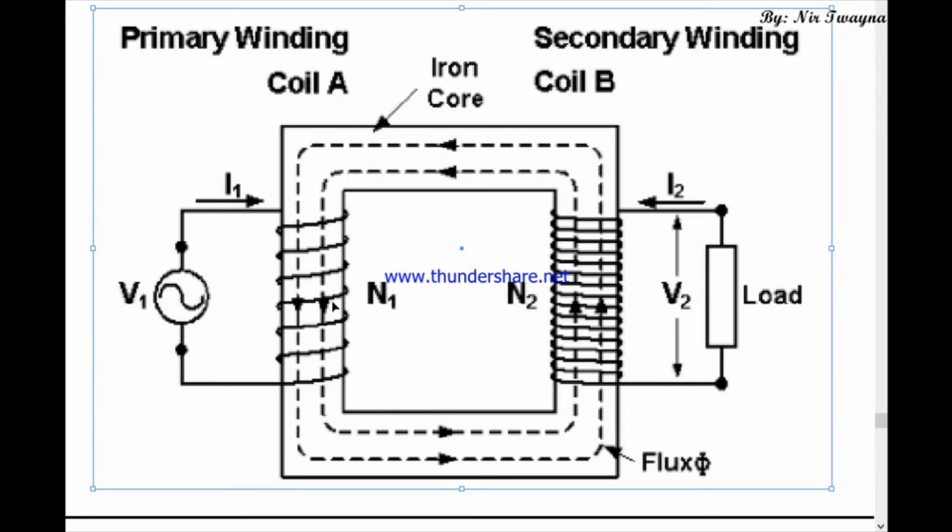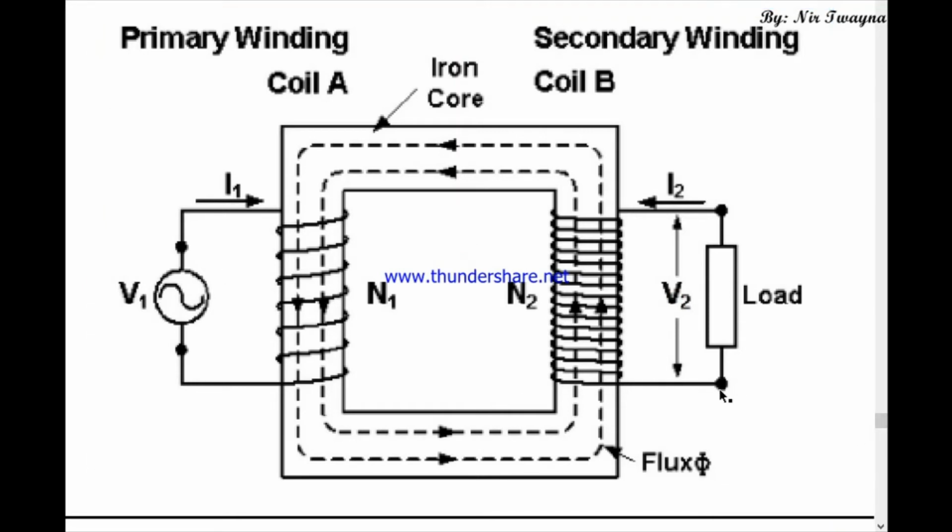Under its influence, EMF is induced in the secondary coil, which is wound on another arm of the core. The secondary coil is connected to the load, meaning the device. The current induced in the secondary coil is indicated by I2, and its voltage is indicated by V2. Understood? This much structure. Okay, copy it.